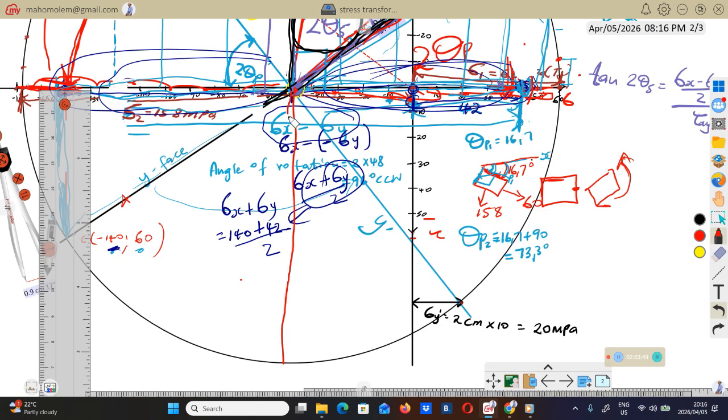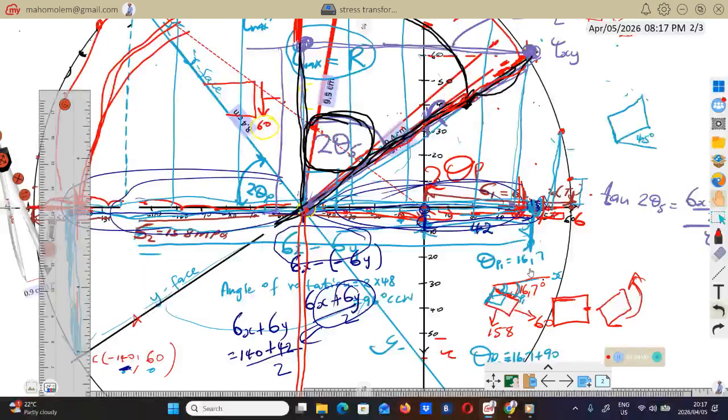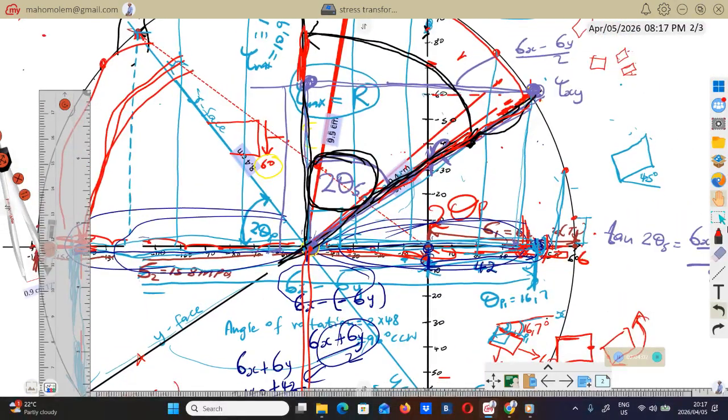The shear stress is maximum here. So you actually have two planes. The first plane is this one. The second one is this one.